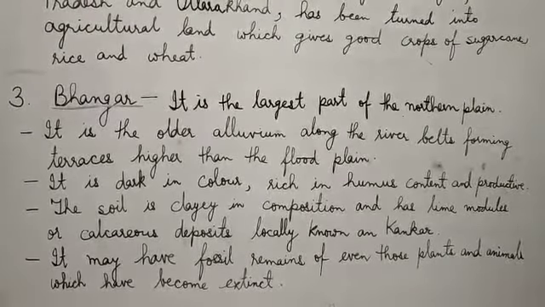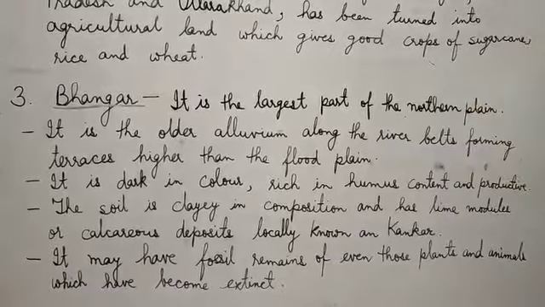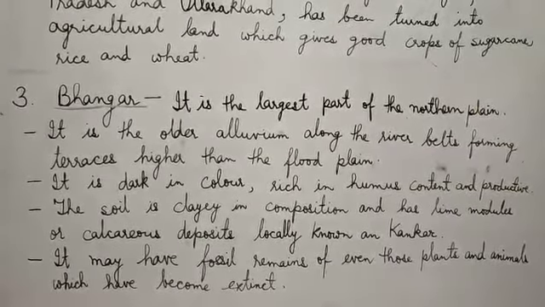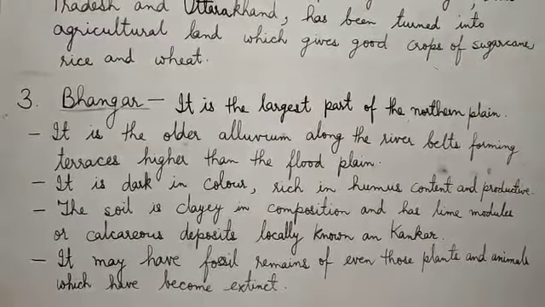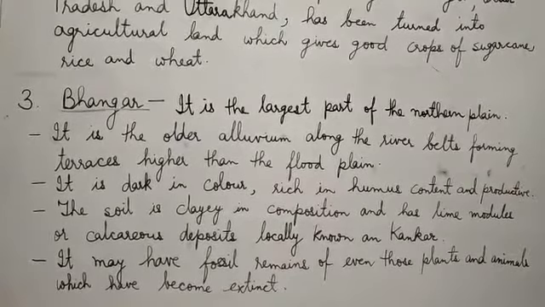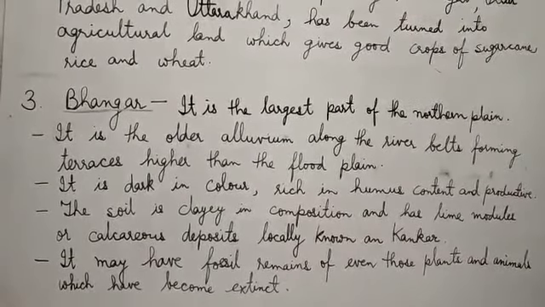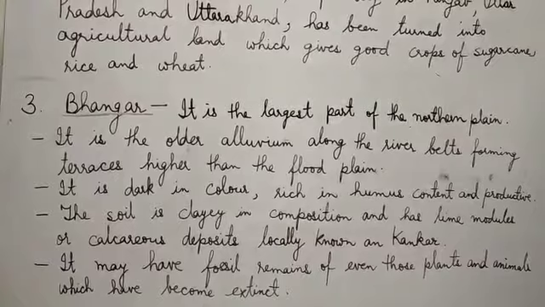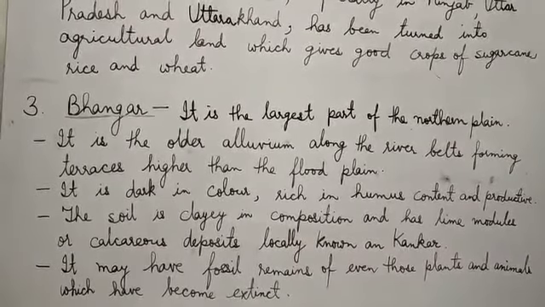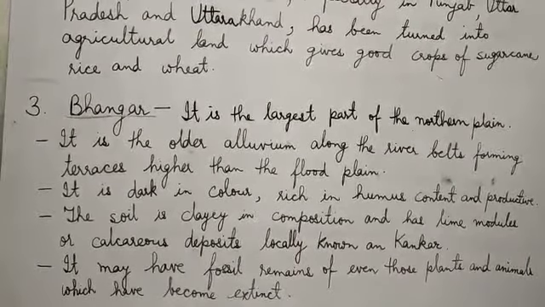Now Bhangar is found in Doabs, the buried plains in the deltaic region of Bengal. And in the middle Ganga and Yamuna Doab are regional variations of Bhangar.